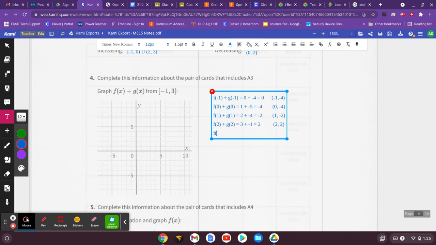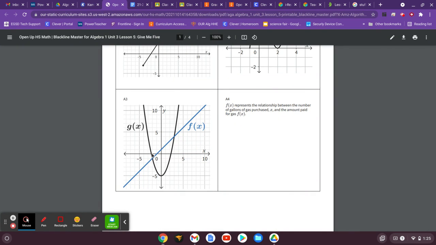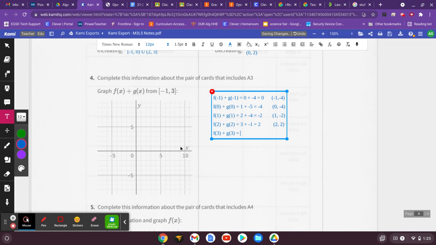And then f of 3 plus g of 3 equals, f of 3, 1, 2, 3. Well, they're both 4. So that works out nice. 4 plus 4 equals 8. So that means this one is 3, 8. All right, so now I've got points that I can plot on here.